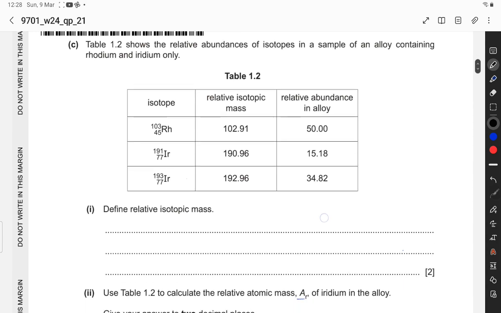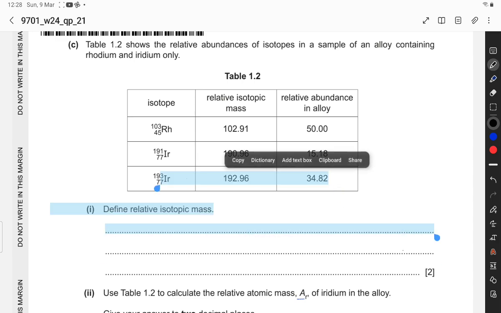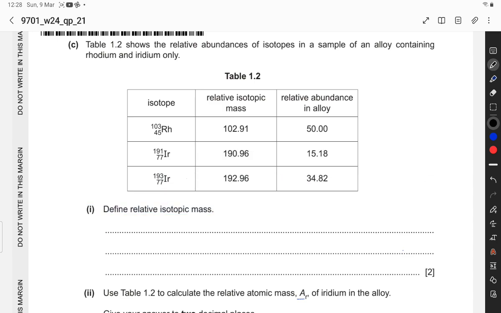Next question is about part C. Table 1.2 shows the relative abundance of isotopes in a sample of an alloy containing rhodium and iridium only. So define relative isotopic mass.